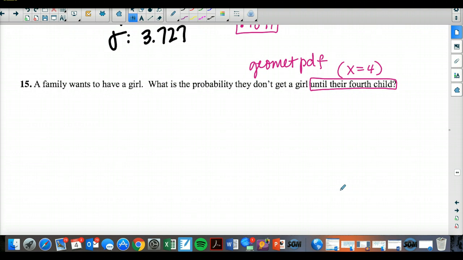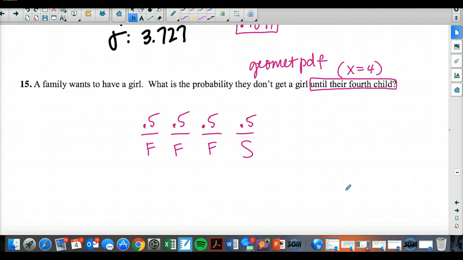Now, you can also think about this, which is my way of thinking about it, as failure, failure, failure, success. It's weird because it's 0.5, so success and failure have the same probability, but I'm doing failure, failure, failure, success.